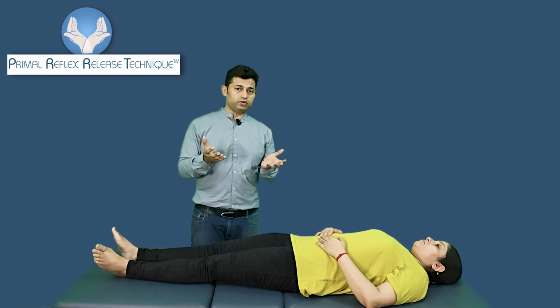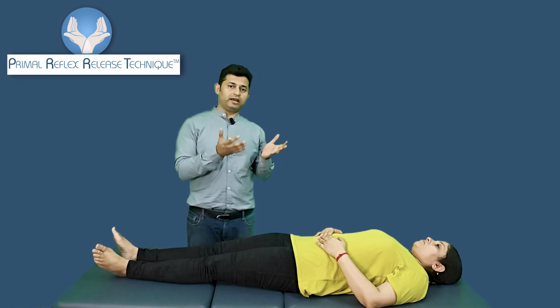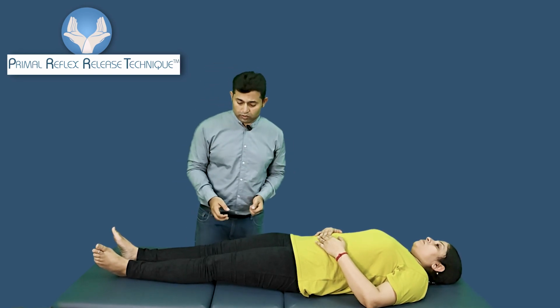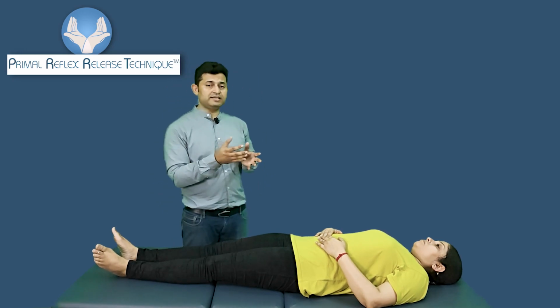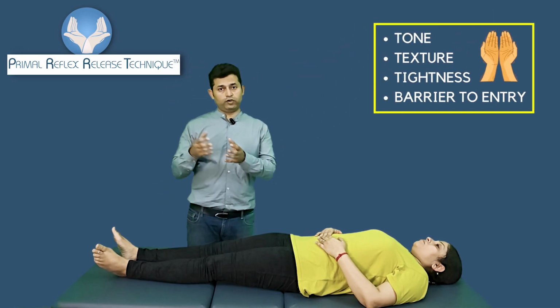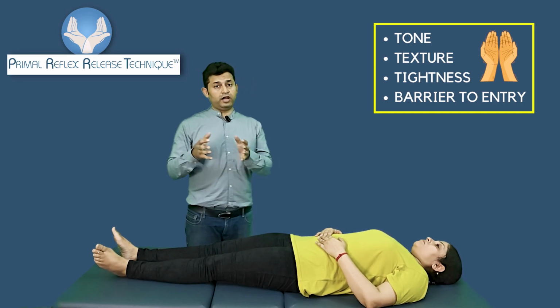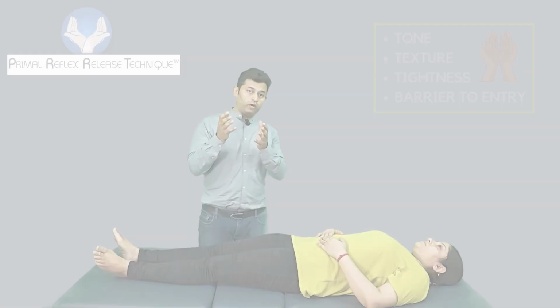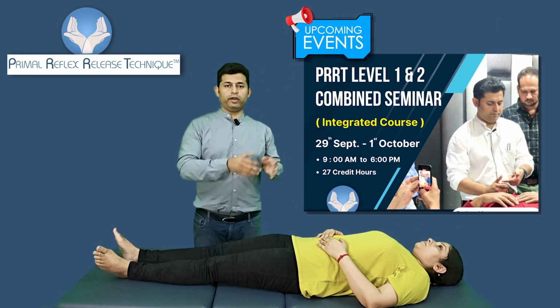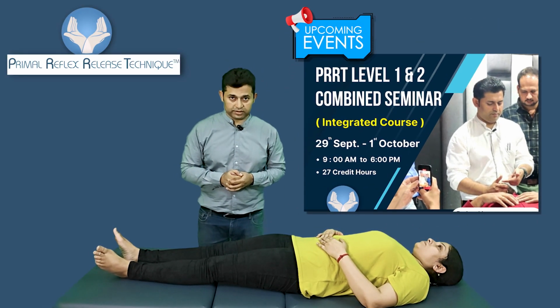All you need is to develop good dexterity and kinesthetic sense in your hand so that you can pick up changes in a body area in terms of tone, texture, tightness, or barrier to entry. We cover this training program in detail for practitioners who enroll into international certification PRRT courses.